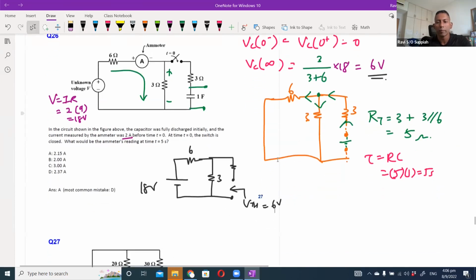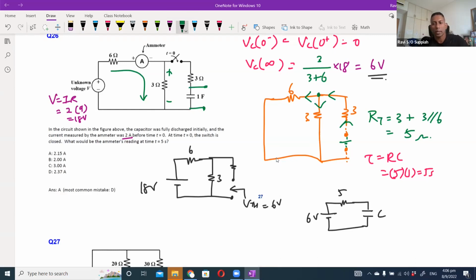The Thevenin's equivalent I can redraw as 6 volt, 5 ohm, and then my capacitor. Since I already know the time constant, I can put the expression VC as 6 times 1 minus e to the minus t over tau, and I substitute 5 inside. For 5 seconds, I will get the answer as 3.79 volts.